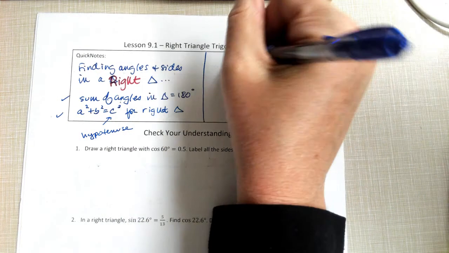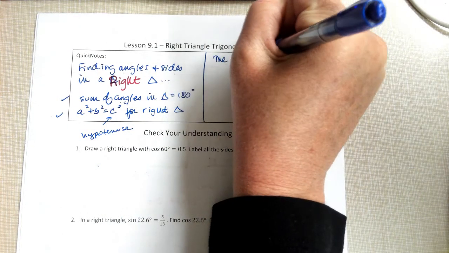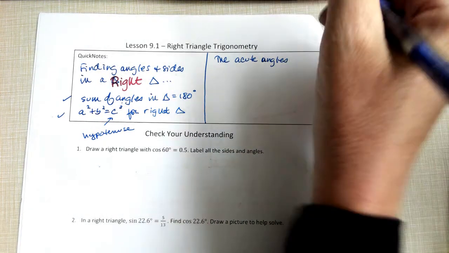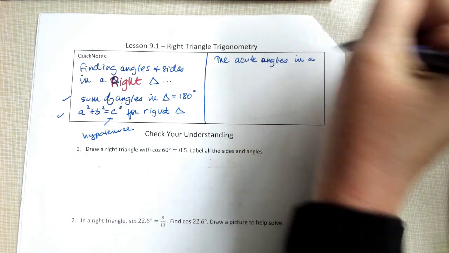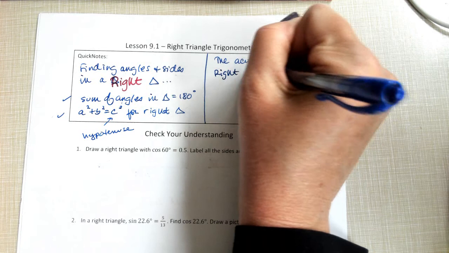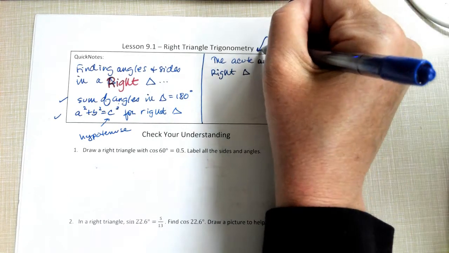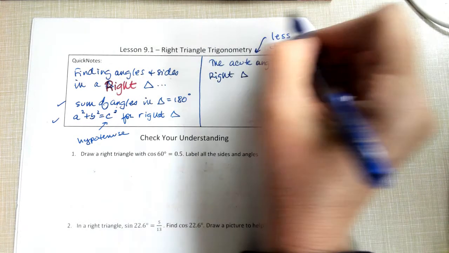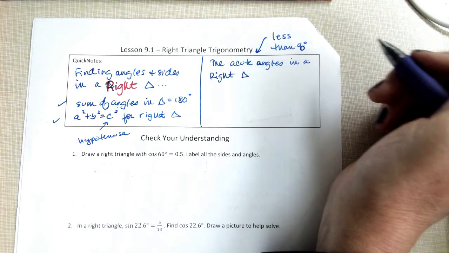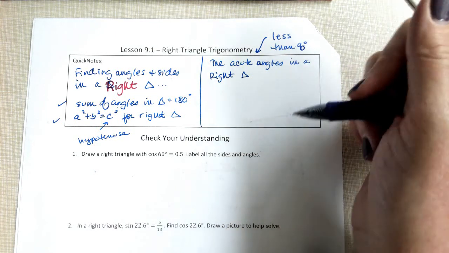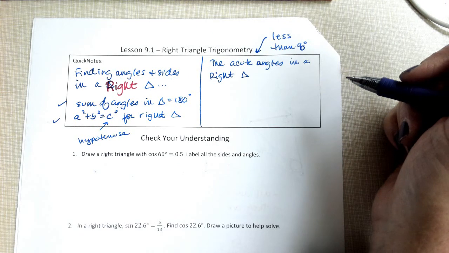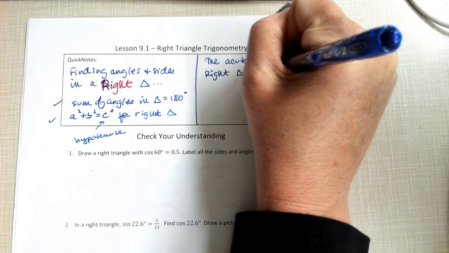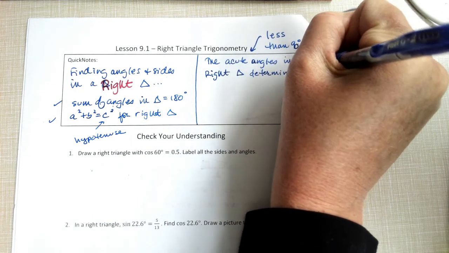So the acute angles in the triangle, now remember, acute is less than 90, so it's the other two angles. They're complementary. So that's why on the other side, if one was 55, the other one had to be 35. The acute angles in a right triangle determine the ratio of the side lengths.